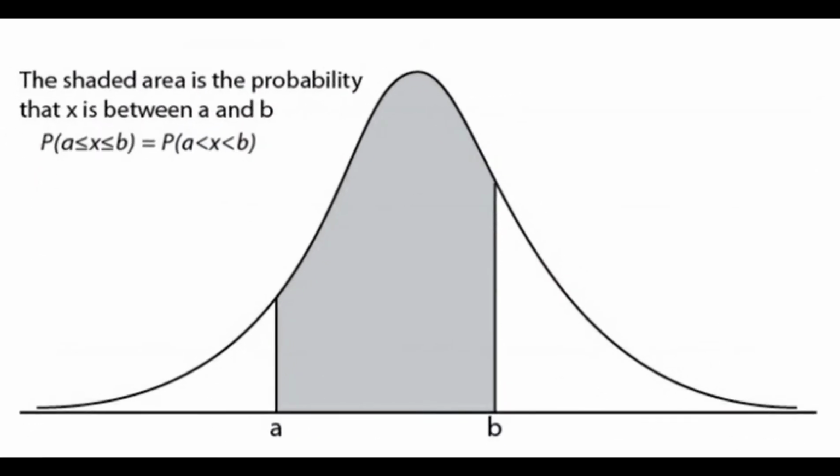Here are the examples. And because of that, we therefore have 4 possible shaded areas that we could encounter in our study of the normal distribution.